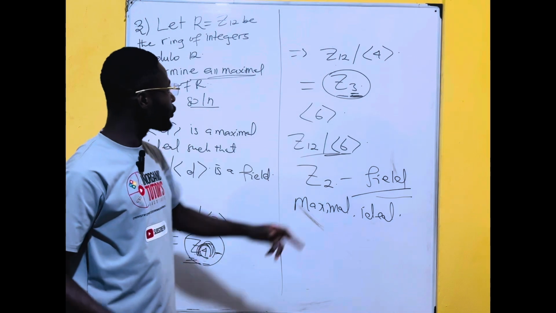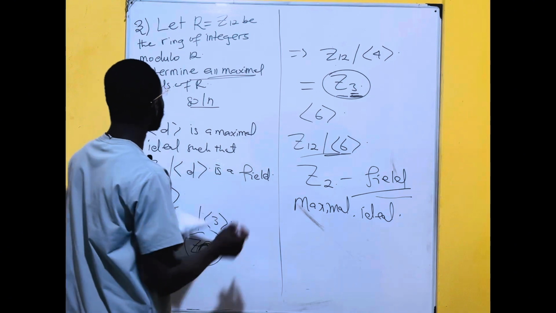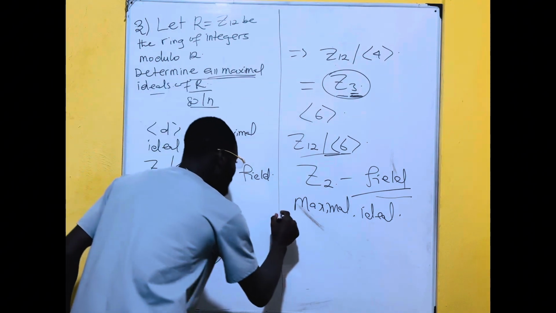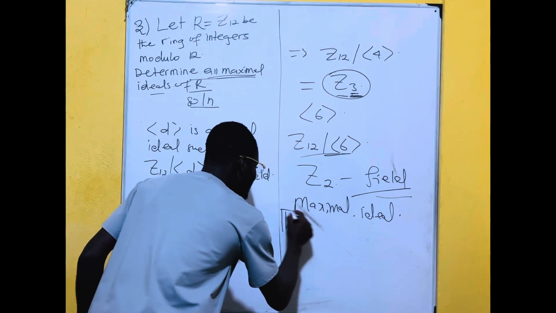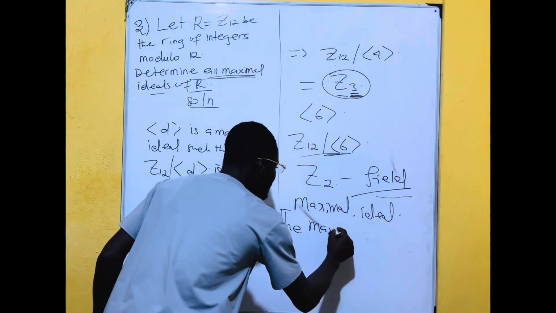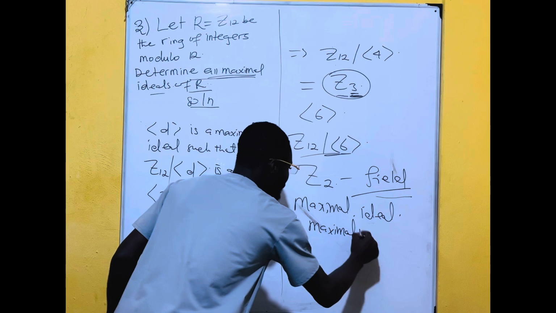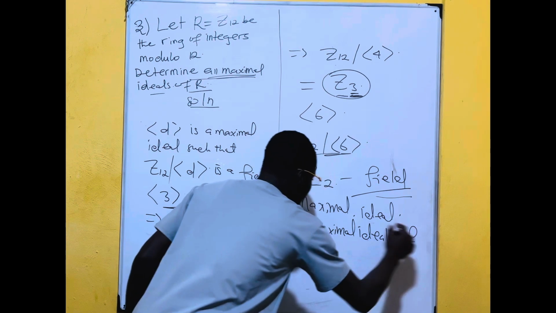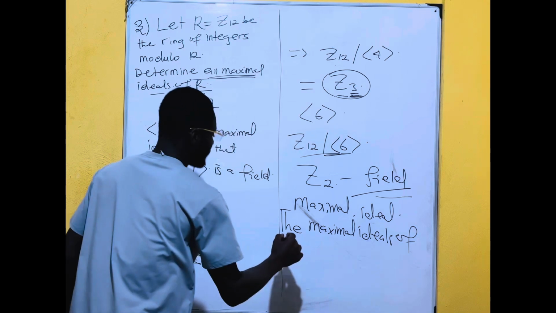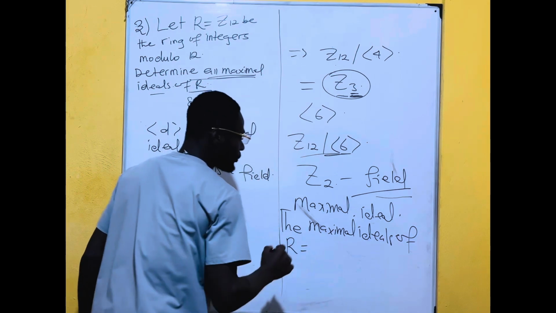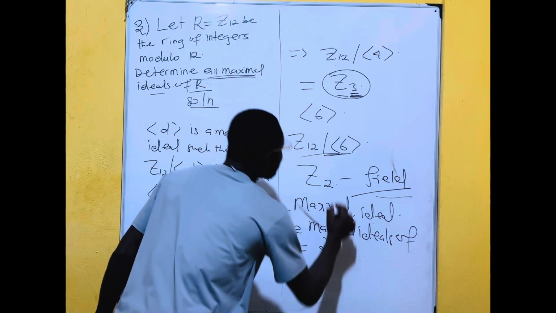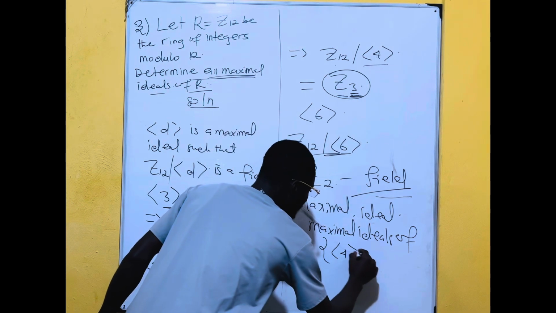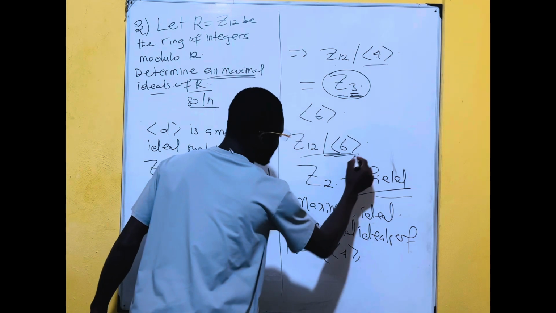So the maximal ideals of R will be equal to (4) and (6).